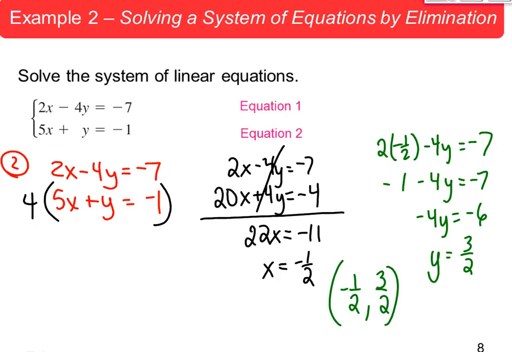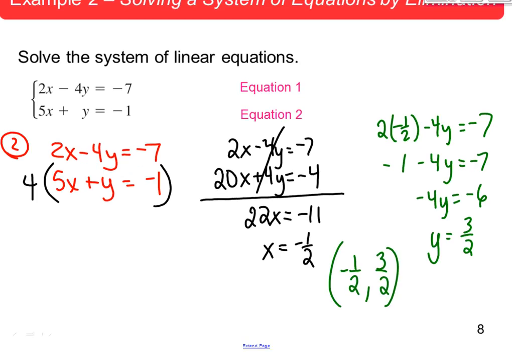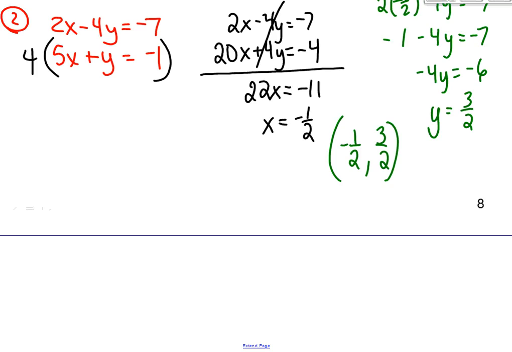I'll do a quick check. And generally, I just want to make sure that these are going to work. So I'm going to just go from the one I can see there. So 2 times negative 1/2 minus 4 times 3/2. This will be negative 1 minus 6, which is negative 7.